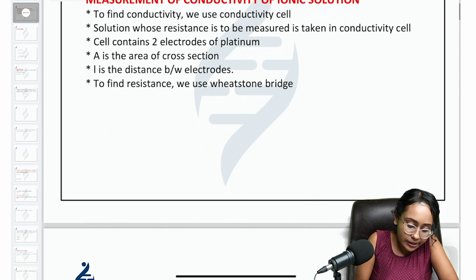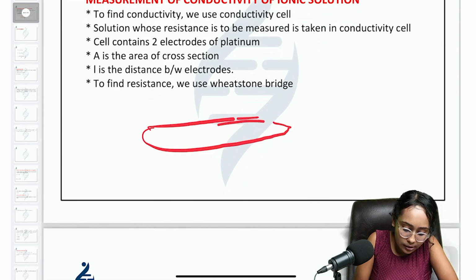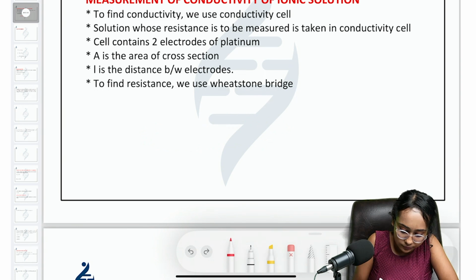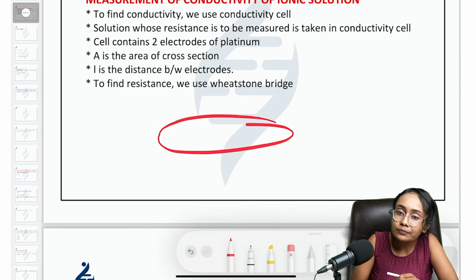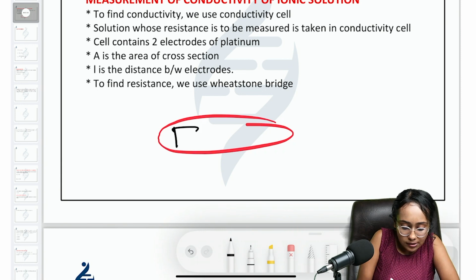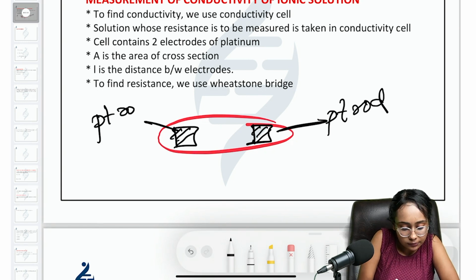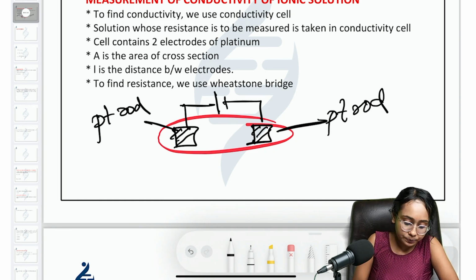So what is a conductivity cell? Consider a glass tube having two electrodes. This is a platinum rod, and this is also a platinum rod, connected by a conducting wire.